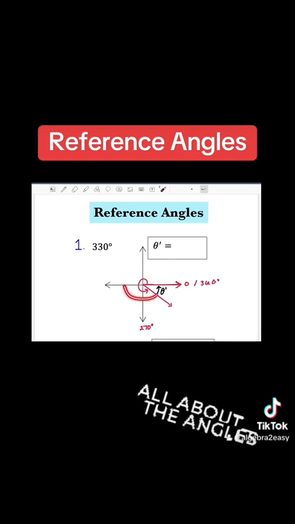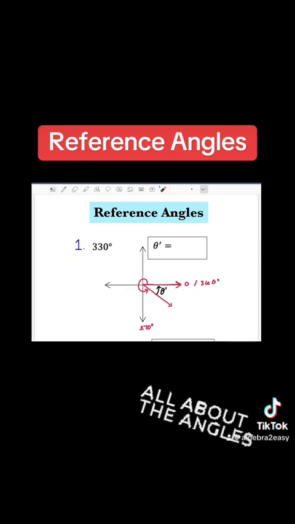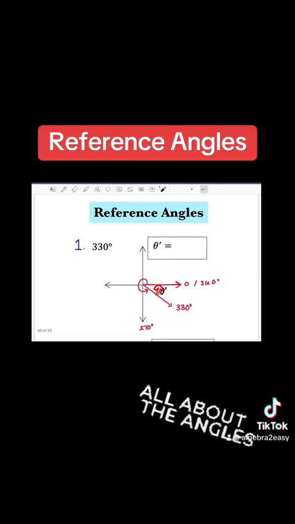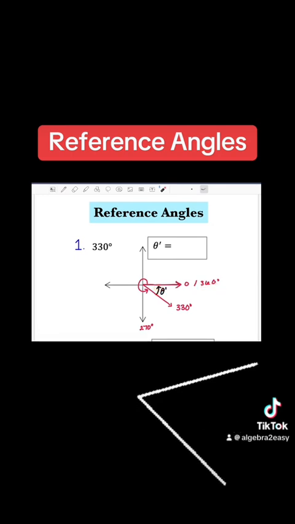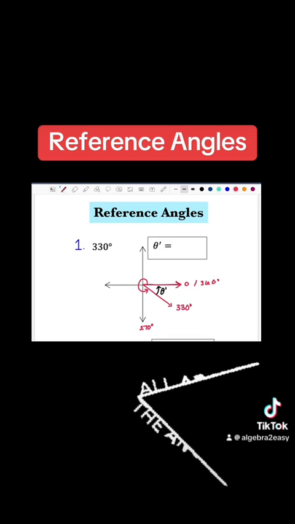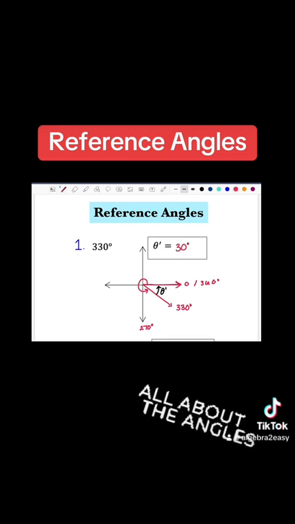If I travel towards the left side of the x-axis, I'm going to have an angle that is larger than 90. So we always go to the closest side of the x-axis. Let's think about this. This angle represents 330 degrees. How far away is it from 360? It is 30 degrees away. So we would say theta prime is 30 degrees.